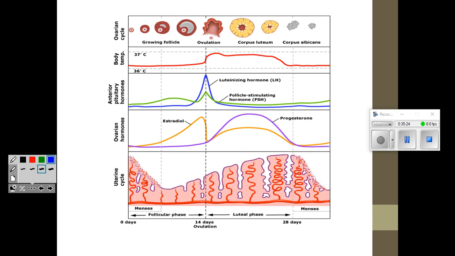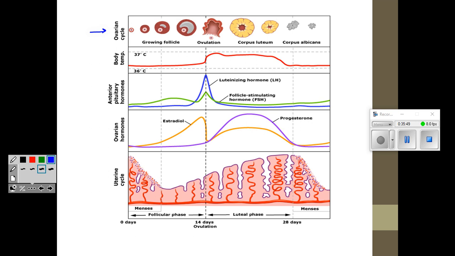I also removed the temperature bit because body temperature, although it's something that you could look at, isn't a detail that you're required to know about. If you take a look in the top box, it's just depicting what things look like in the ovary. A follicle, then ovulation, then the corpus luteum, which eventually degenerates.